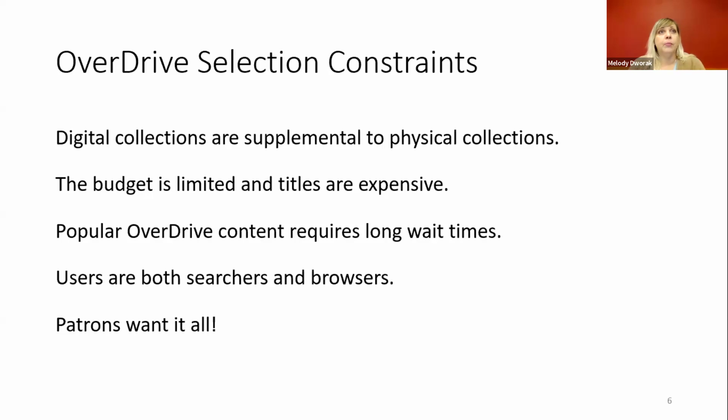So with our print collection, we might have a 3 or 5-to-1 ratio in terms of holds or user requests to the copy that we have. But Overdrive, it's going to be over 10 and sometimes over 20, depending on how expensive the book is.